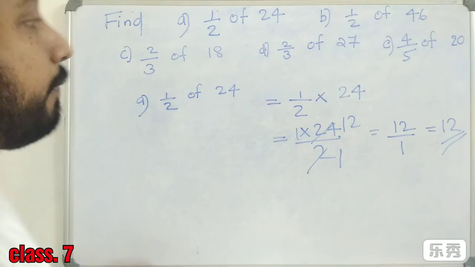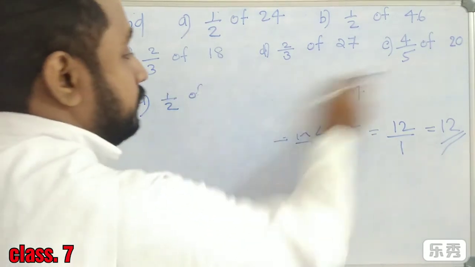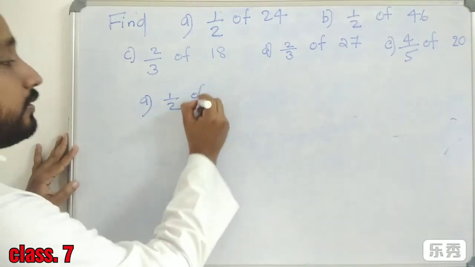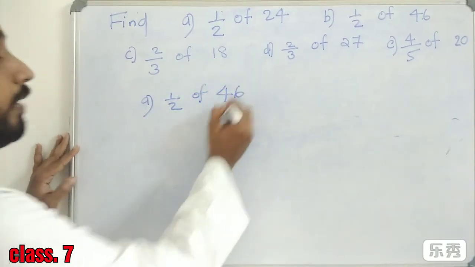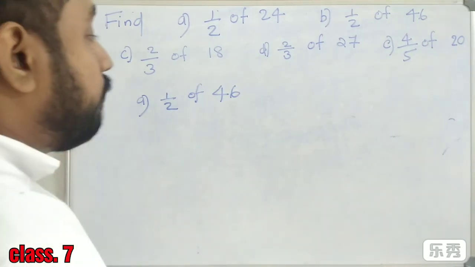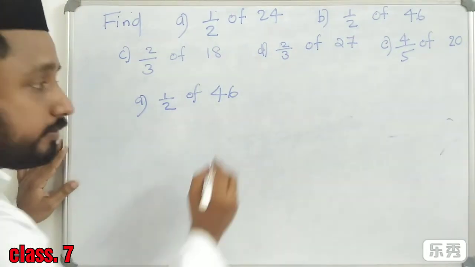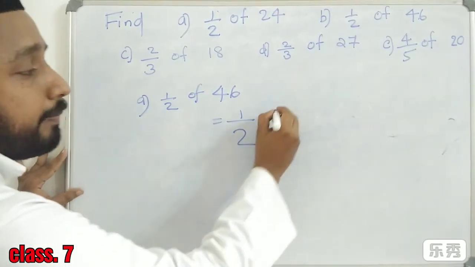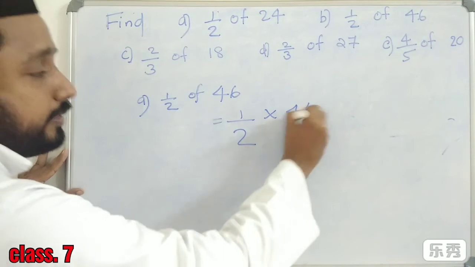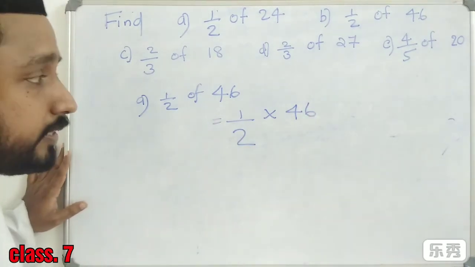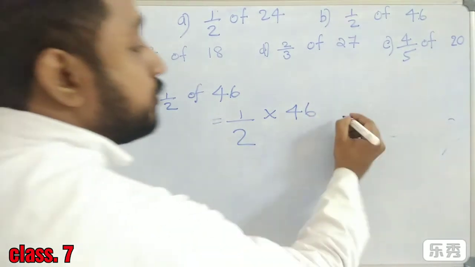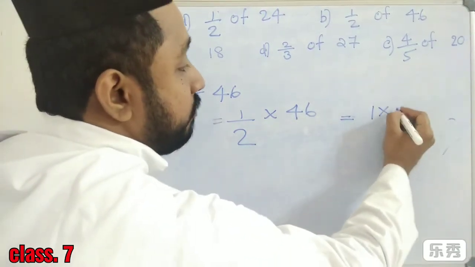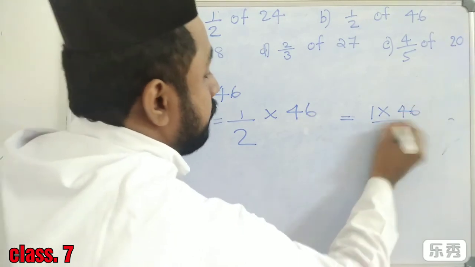Second question is 1 by 2 of 46. 1 by 2 of 46 means 1 by 2 into 46. When you multiply a fraction and a whole number, multiply the numerator with the whole number, 1 into 46 by 2.